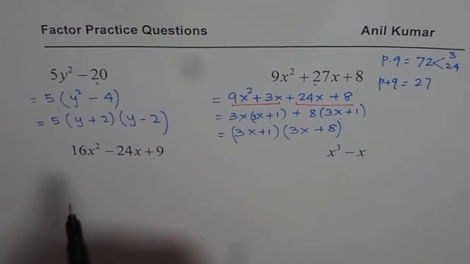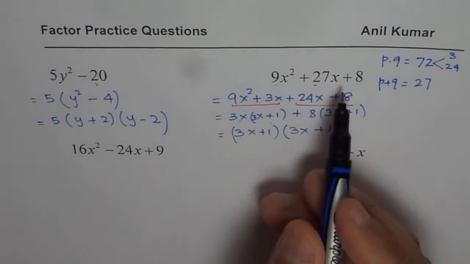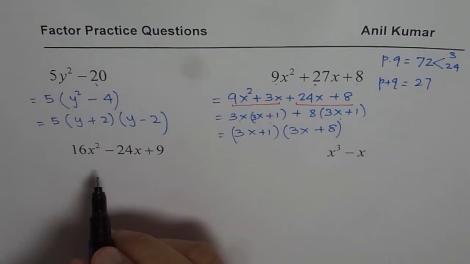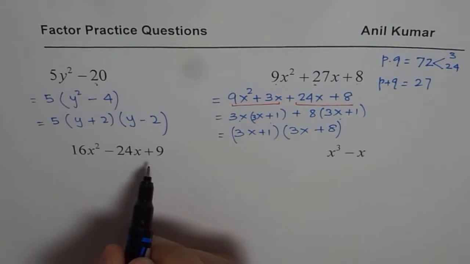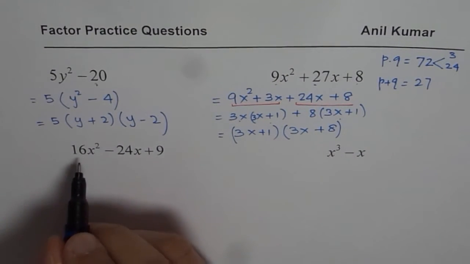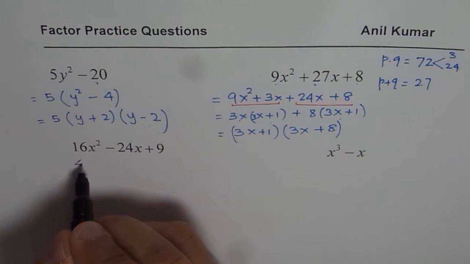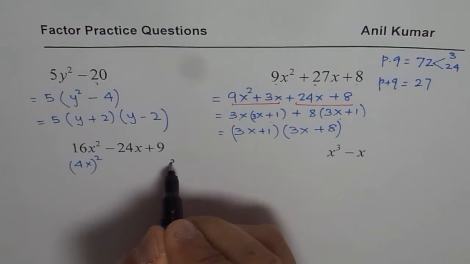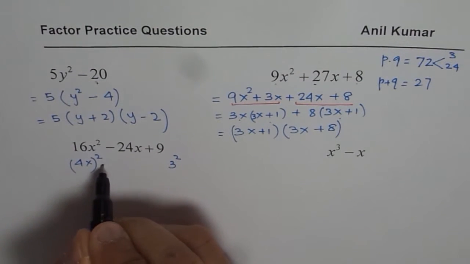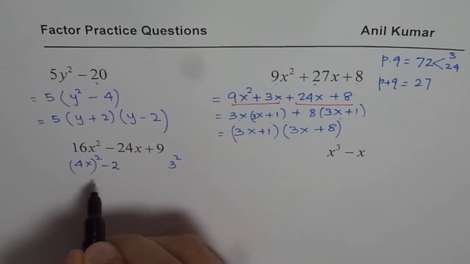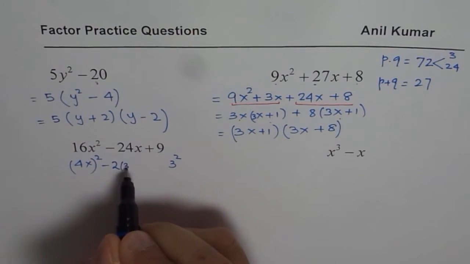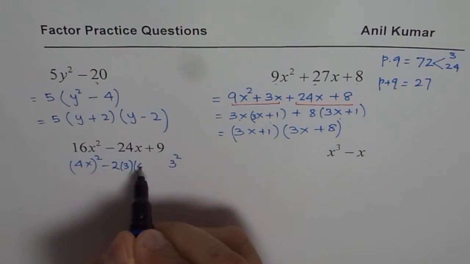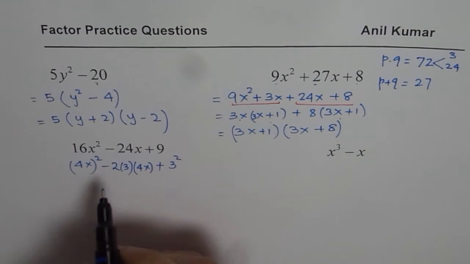Let's continue. And here again we have kind of similar situation, but in a way slightly different, since 16x squared could be thought as 4x whole square, 9 could be written as 3 square, and the center term here is 2 times 3 times 4x. You get it.